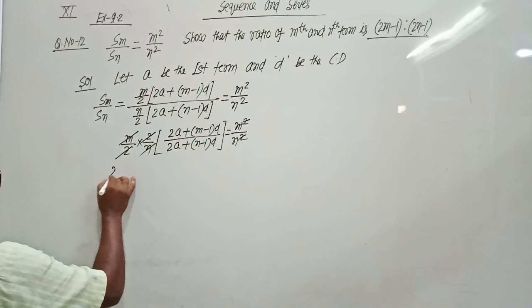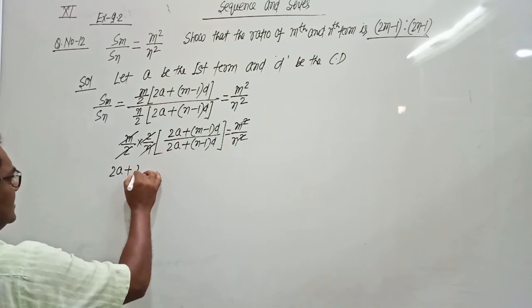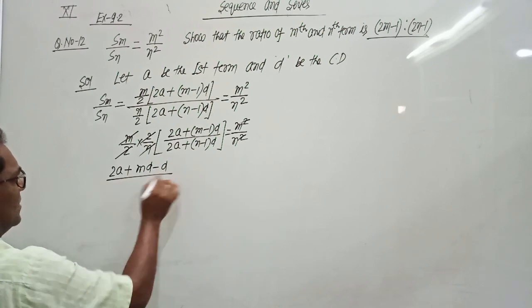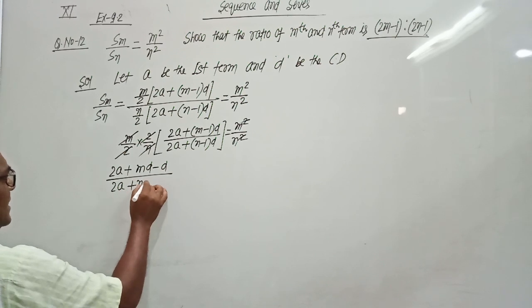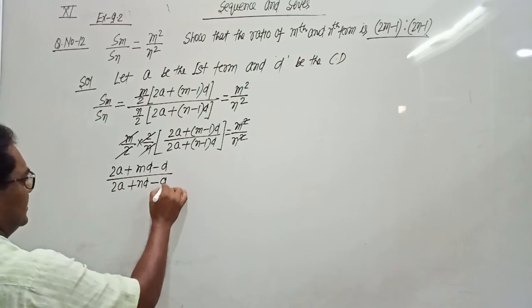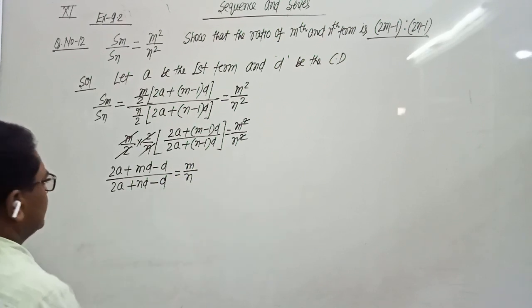Then we get 2a plus, open the bracket, md minus d, upon 2a plus nd minus d equals m by n.